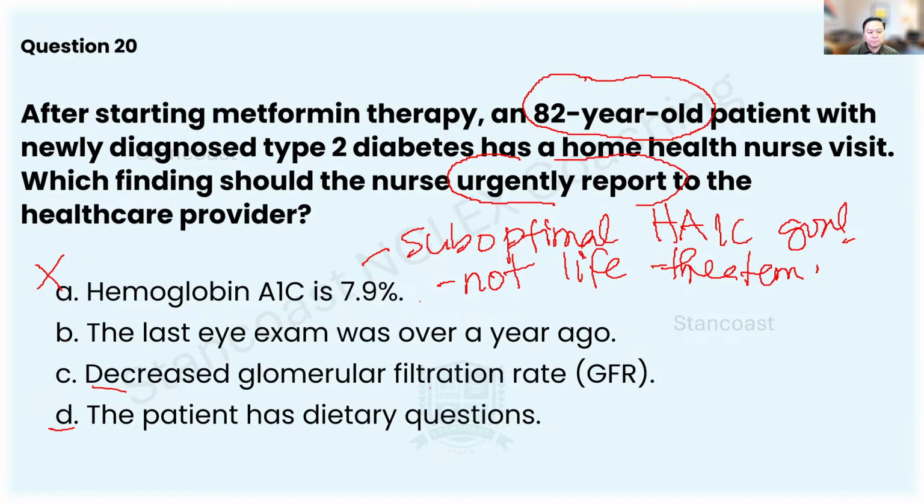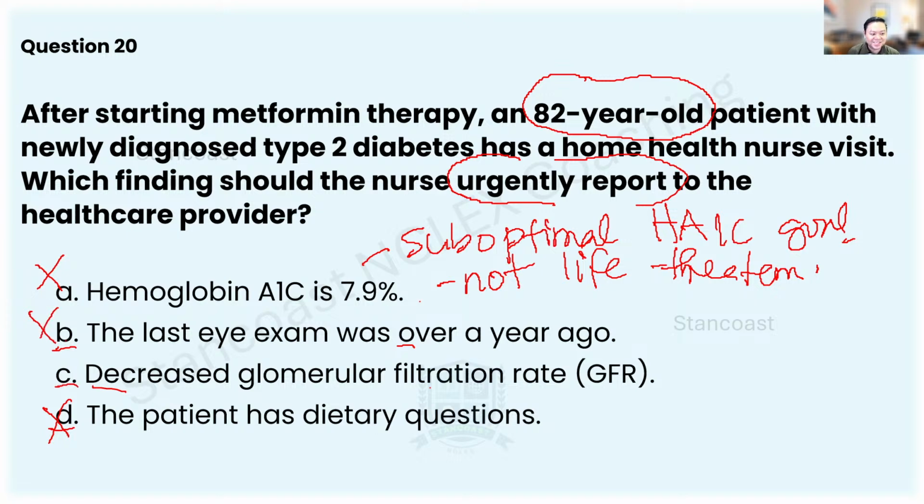You should be able to answer the patient's question about dietary aspects. If you answered letter B, the last exam for their eye was over a year ago. Well, if it was over a year ago, then maybe they can have another eye testing within the time frame. So we are not selecting.